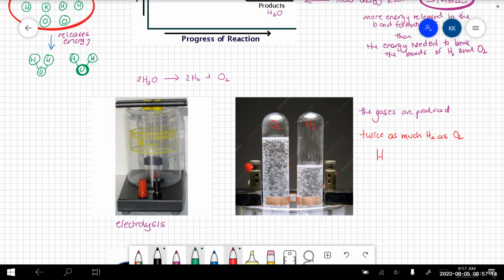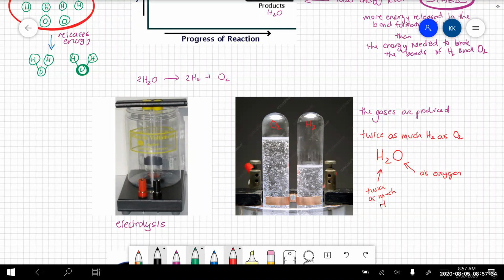And of course, makes sense, doesn't it? Water has twice as much hydrogen as oxygen. One oxygen, two hydrogens. So that makes sense. Now, what's happening here? Why would this reaction happen?